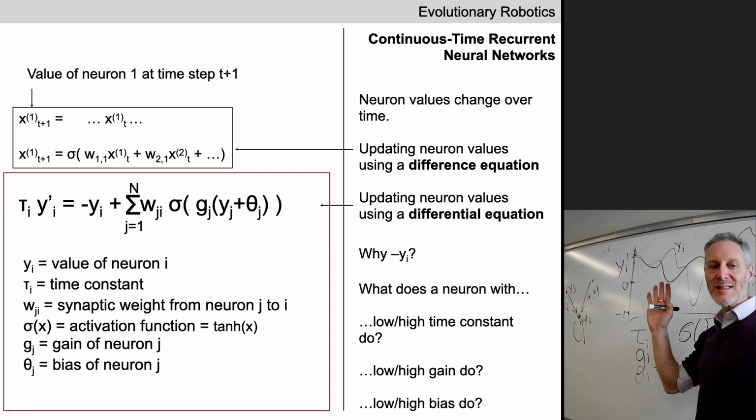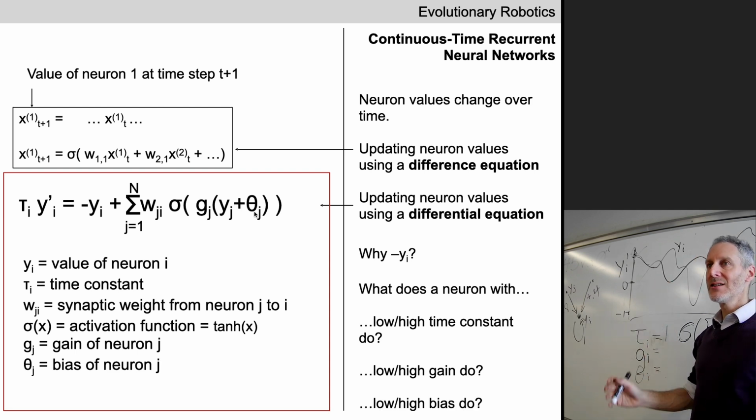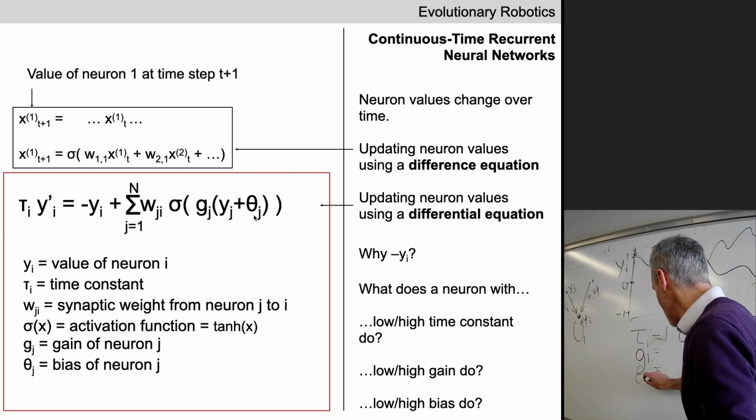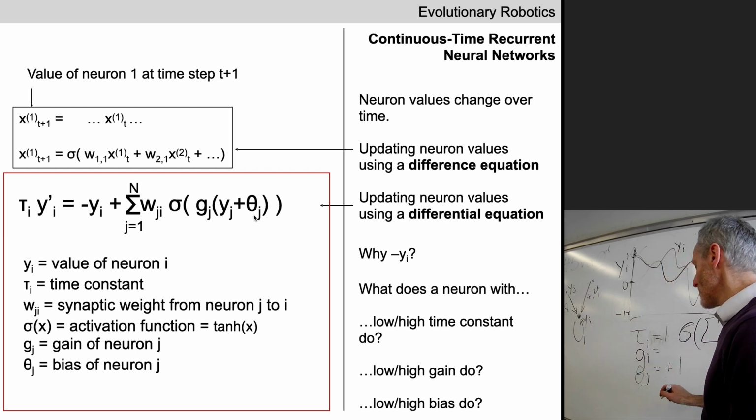Now, mentally set some of these 19 thetas to non-zero values. Let's assume that neuron J has a non-zero bias. Let's assume it has a bias of plus theta J. Let's assume it has a bias of +1.